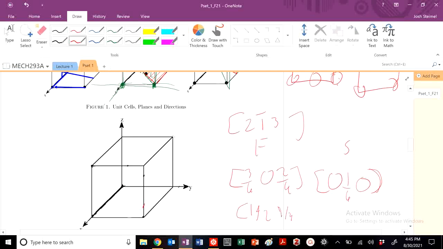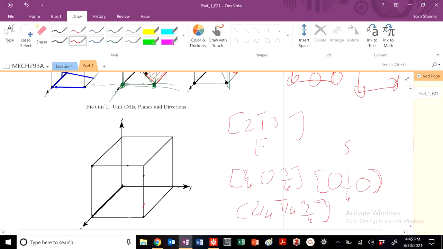So 2 over 6, 3 over 6. This is going to be 2, 6, 1 over 6, and then 6. Multiply that by 6, and then I'm going to get the values out there.